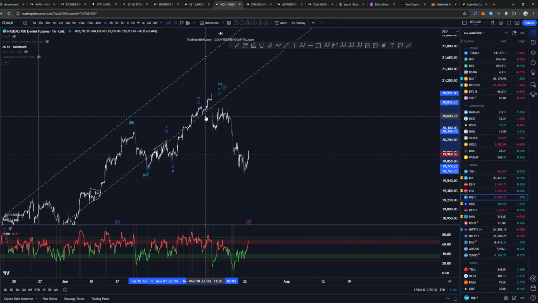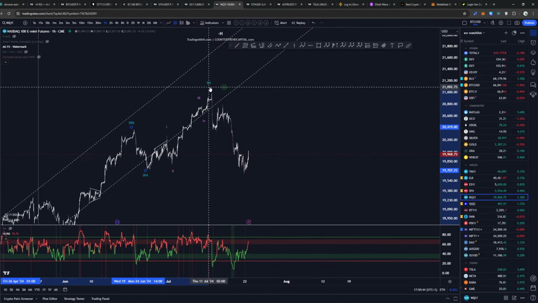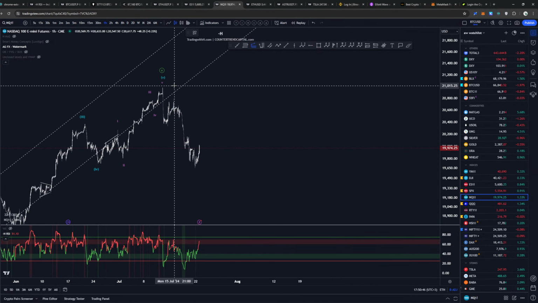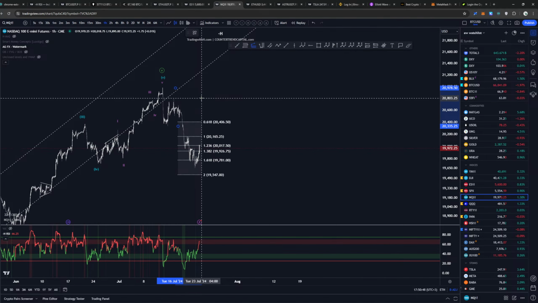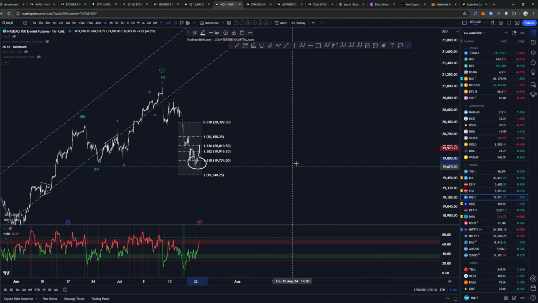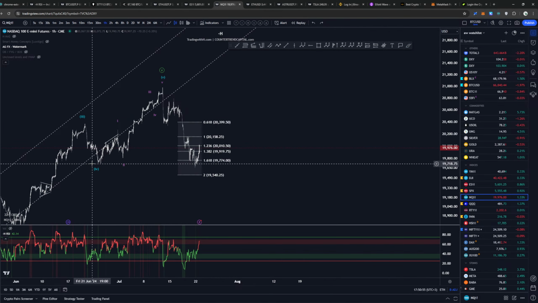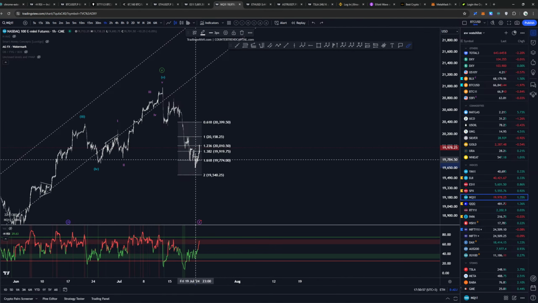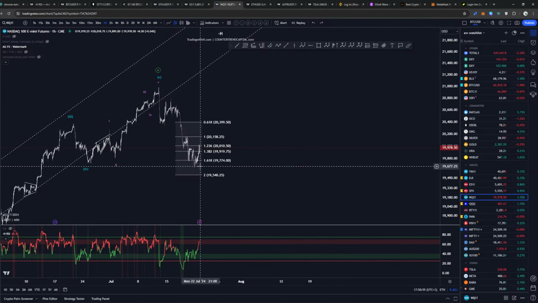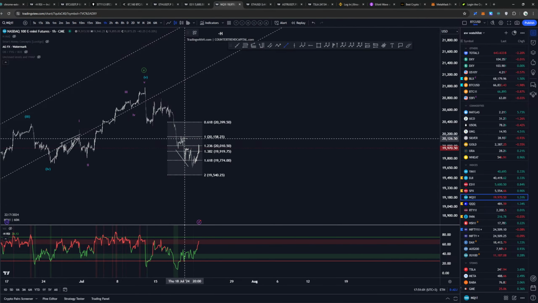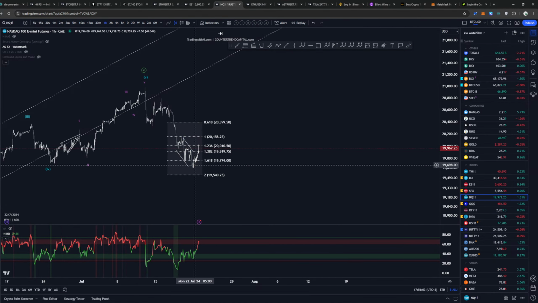I did not really label this out properly here, so that's how it should be. And we are looking for something like this. It extended to 1.618, it found support, it took out a liquidity level here, and now it's climbing up. Currently it looks like it is in 3 waves. This does look like it has potential for some kind of diagonal at the end.